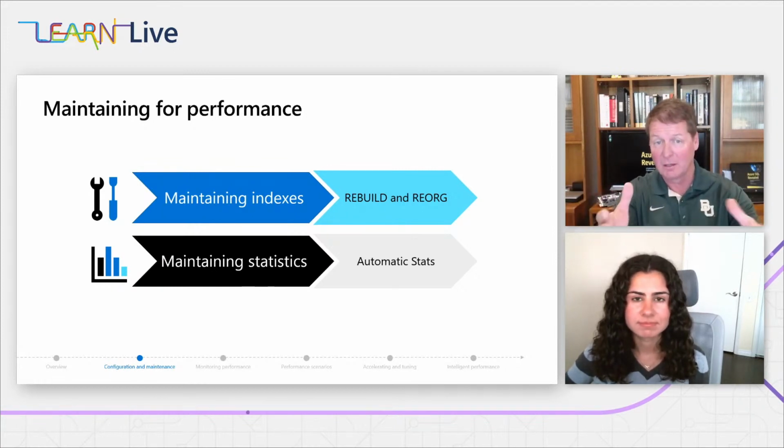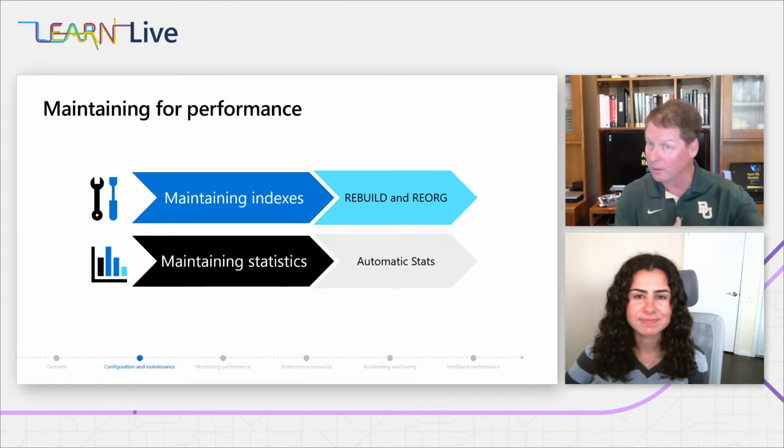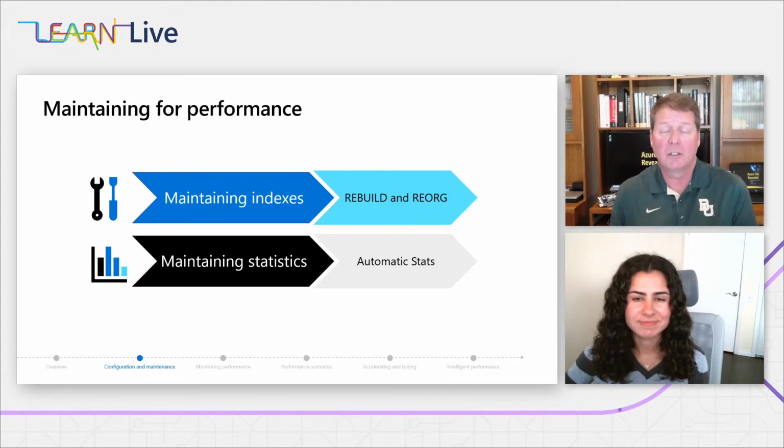Now you're going to see, for example, on the index side, at the very end, we'll talk about some things we're doing in the Azure database space to help automate some of this. But if you need to rebuild, reorg, online, resumable, auto stats, update stats, all that stuff just works for Azure database and managed instance. Here's the good news, Anna: if you have a bunch of tools in your tool belt to do these things, this is just going to work for you.